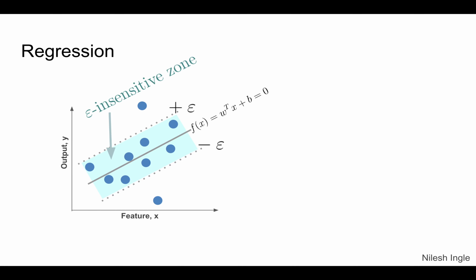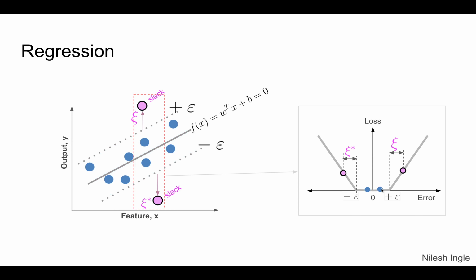So here on the right hand side, we have the loss curve. The x-axis shows the error, the y-axis shows the loss, and as we move away from zero, in either positive or negative direction, until we reach plus epsilon or minus epsilon, there is no loss. So the loss is zero, the line is flat here. These are the two blue data points that show that.